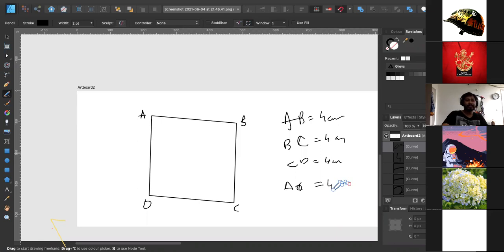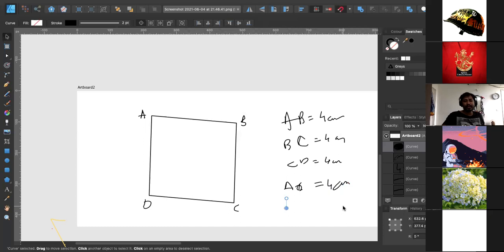The line segments are equal. The sides are equal. That's what it says. AB is a line segment. So AB is equal to BC is equal to CD is equal to AD. Sir, so is a rhombus a regular polygon? I don't know. I'm asking you. I'm the one who needs a little bit of gyan. Radhya, what do you think?